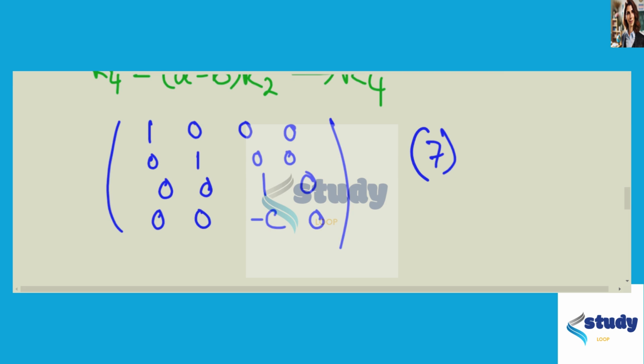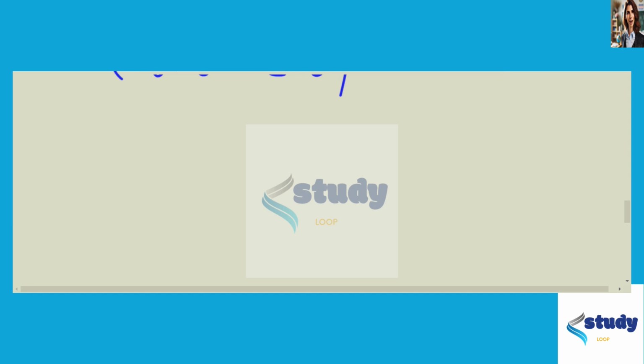Now we have the reduced row echelon matrix. By using back substitution, we get x equal to 0, y equal to 0, z equal to 0, and c also equal to 0. So for the first part, the system has a unique solution.